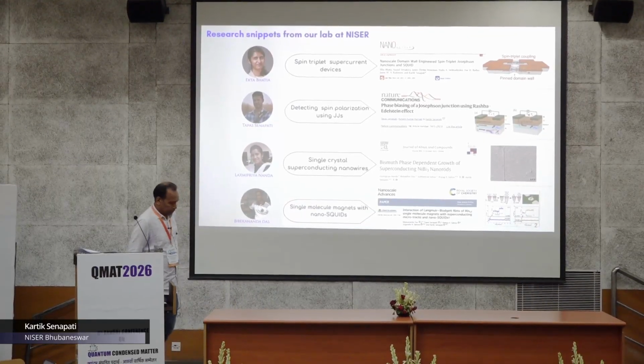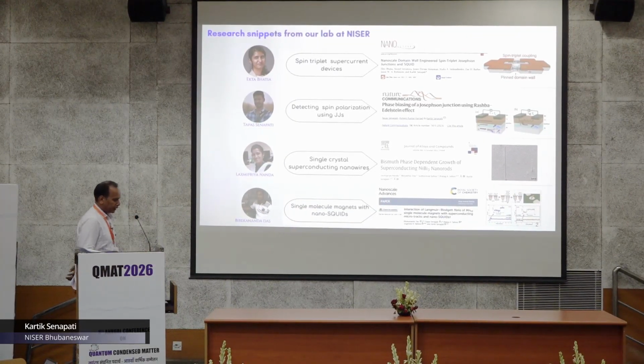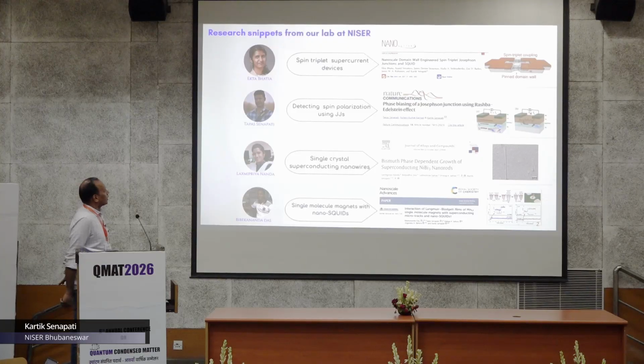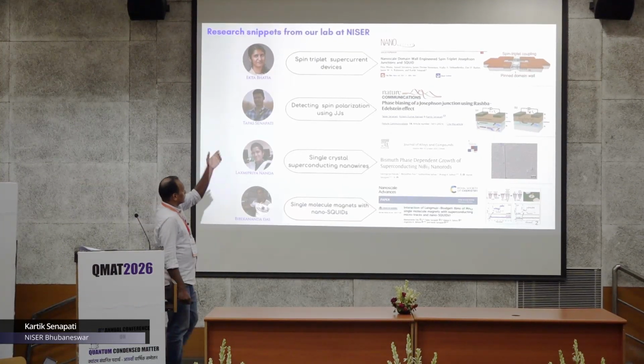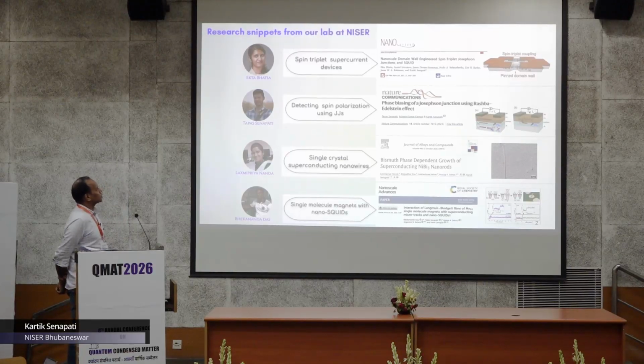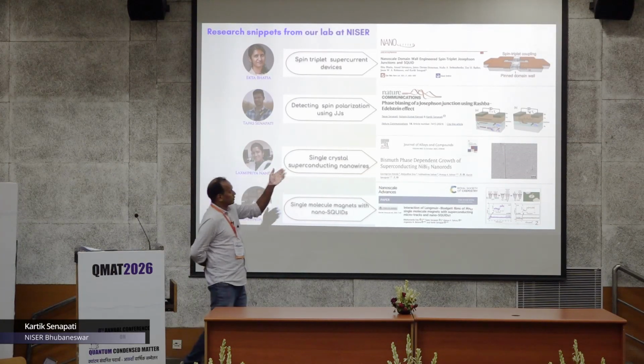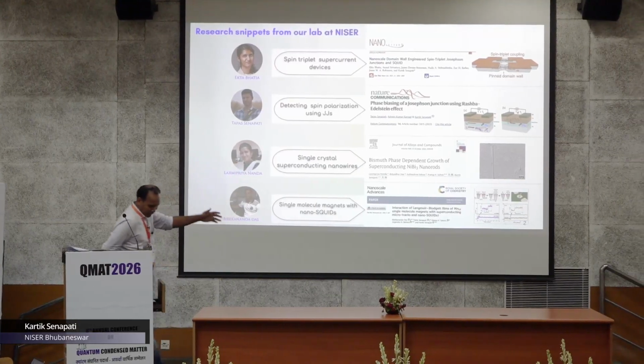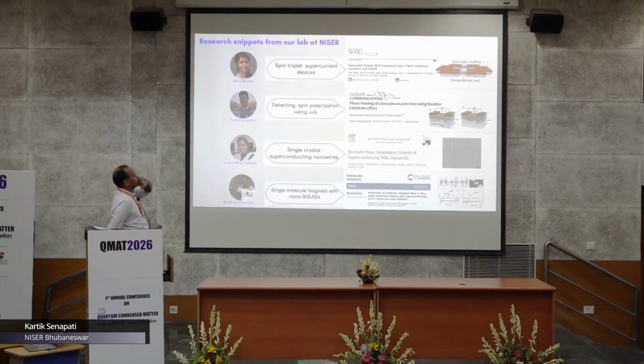This was done by my old PhD students who have moved out to different places now. The first one is about a spin triplet SQUID. We made a device. These are just advertisements, so just take the references.